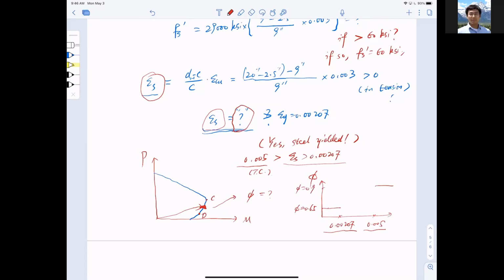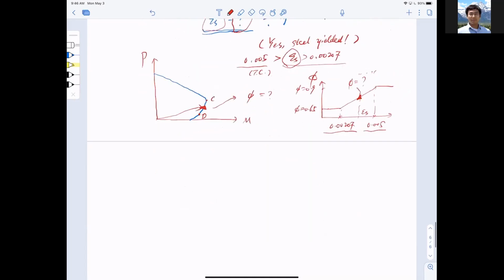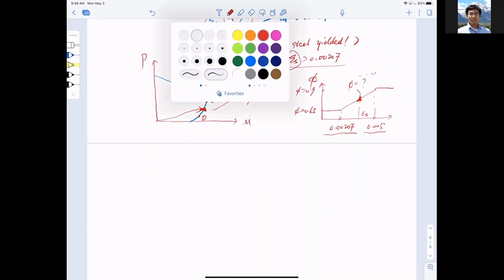And in between, you do a linear transition. So we have a strength somewhere here, and this is where phi is. You have to do the linear interpolation to find phi. After you find phi, things are easier, right?